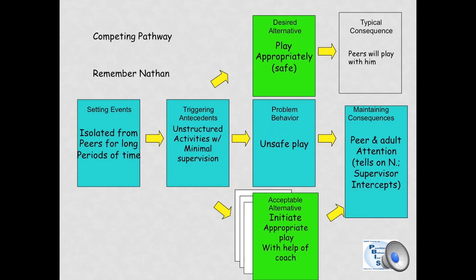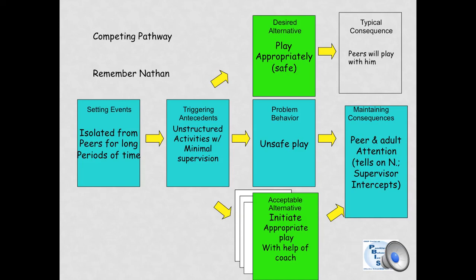So let's look at Nate and think about his competing pathway. We know the setting event, the antecedent, and the problem. We also know that it's maintained by positive reinforcement, being peer or adult attention.